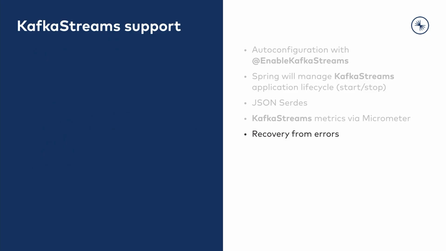And also, Spring provides some out-of-the-box implementations of error handling mechanisms. Kafka Streams has APIs that allow you to specify an error handler for different types of situations, and Spring Boot provides different strategies that you can apply in your application.